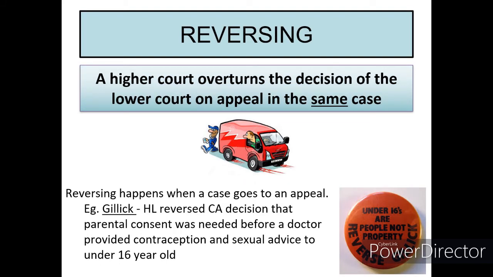Reversing is different from overruling because this time the higher court overturns the decision of a lower court in the same case. So it will only happen when a case goes to an appeal. And a good example of this is Gillick. And this is a case you may have studied when you looked at consent in criminal law, paper 1. Here, the House of Lords reversed the Court of Appeal decision. Remember, this case was hypothetical.